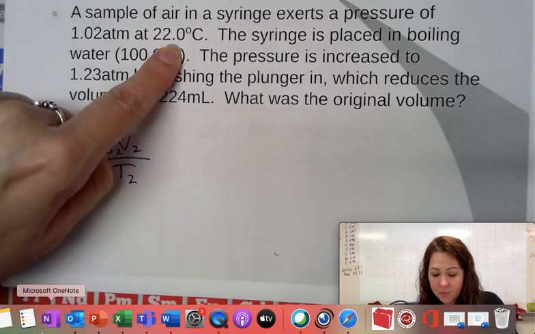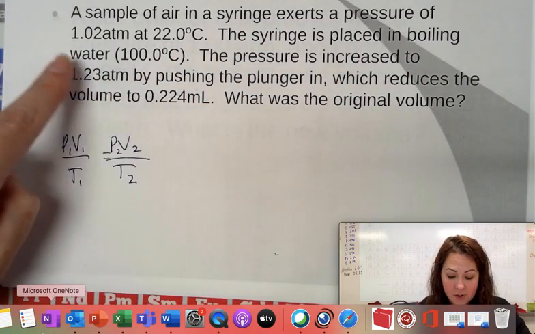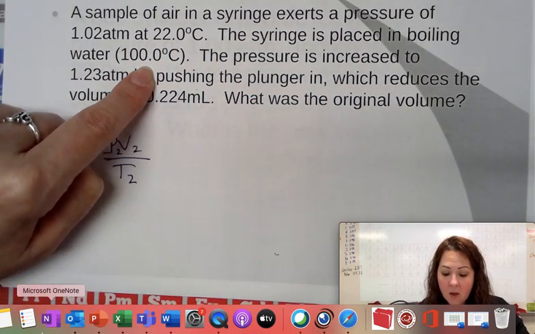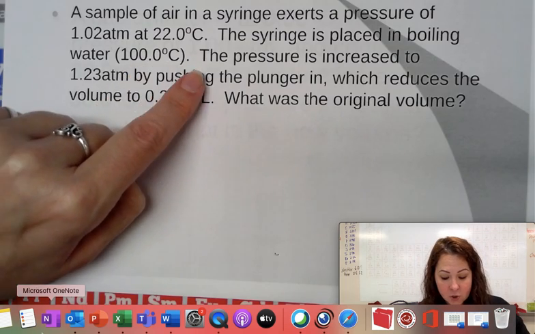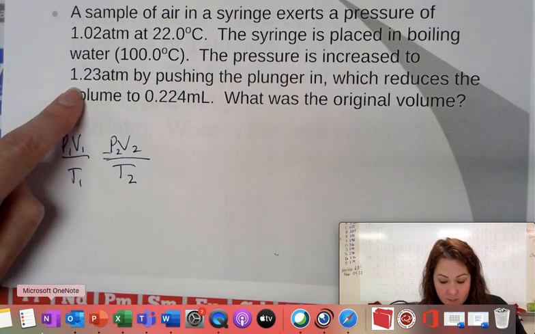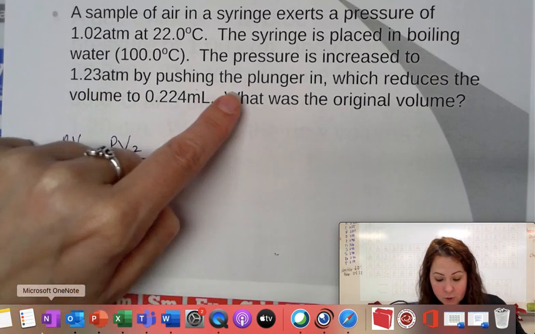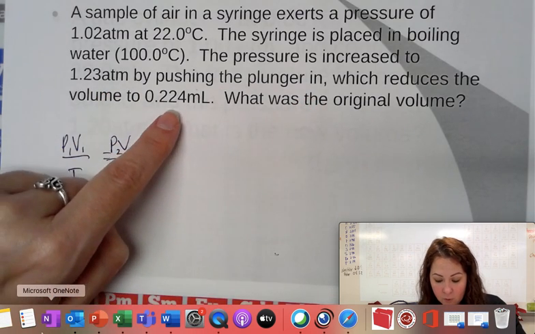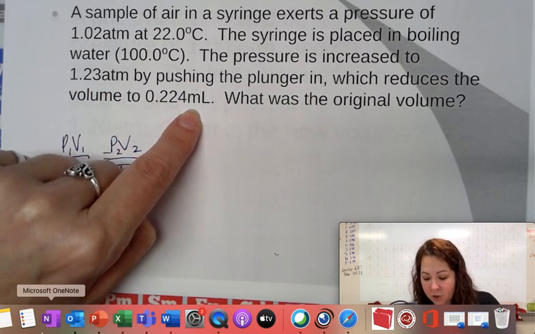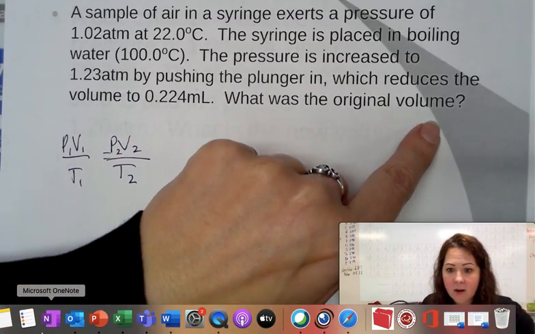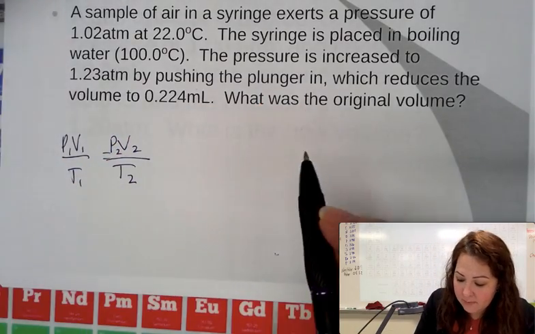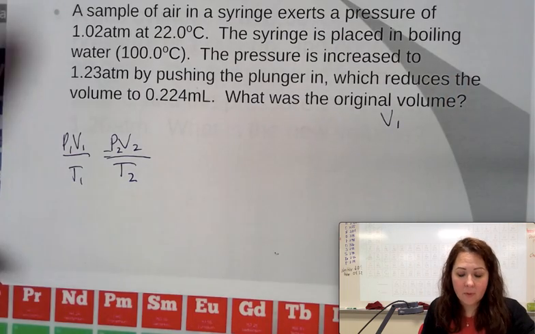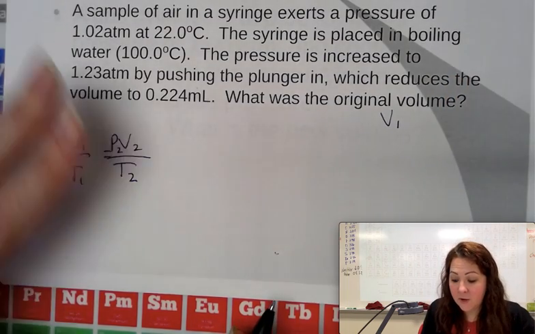The syringe is placed into boiling water, which is 100 degrees Celsius. The pressure is increased to 1.23 atm by pushing in the plunger, which reduces the volume to 0.224. What was the original volume? So right there, it tells me right off the bat, I'm solving for V1. Everything else we're going to have to kind of figure out.